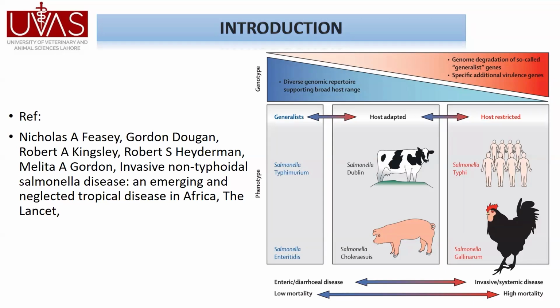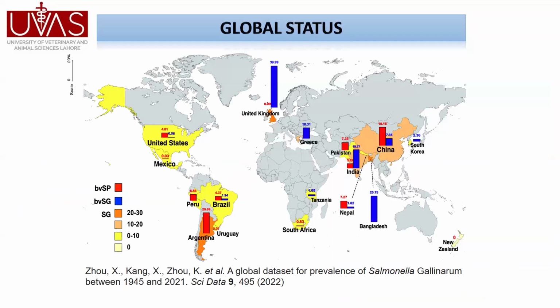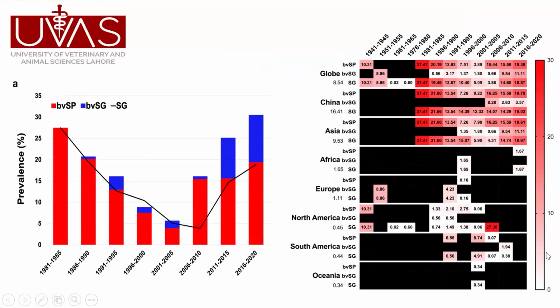and a fowl typhoid organism. If you look at the global status of this organism, it has 2 biovars, Salmonella Pullorum and Salmonella Gallinarum, and you can see the distribution of this disease across the globe. If you look at the various patterns of this disease over the last 40 years till 2022, this Chinese paper says that mostly it was Salmonella Pullorum which was the prevalent organism, but later it is mainly being replaced by Salmonella Gallinarum.